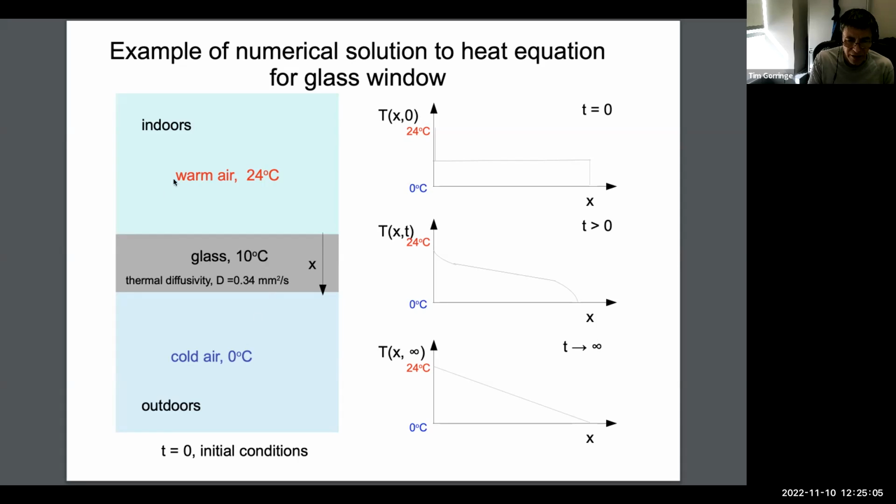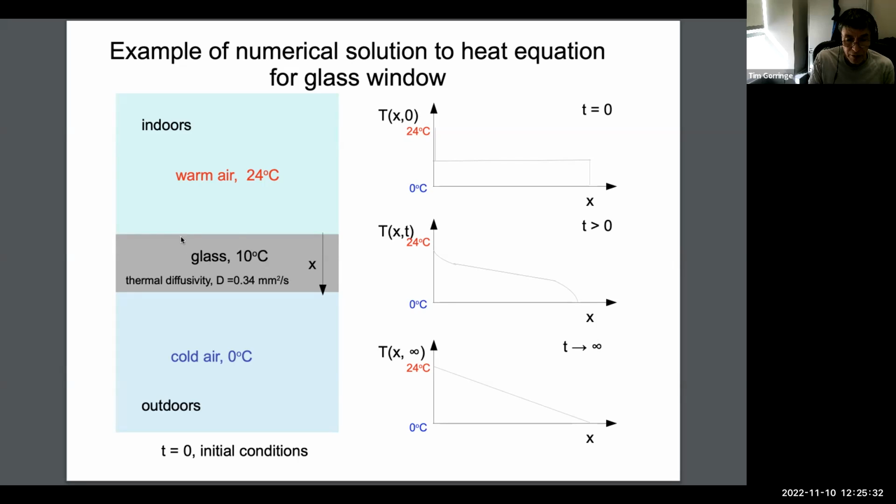Now I've arranged that initially the glass was at 10 degrees Celsius, the indoor temperature was 24 degrees Celsius, and the outdoor temperature is 0 degrees Celsius. We're going to imagine that the indoor temperature doesn't change. We're going to imagine that the outdoor temperature doesn't change, but rather this 10-degree uniform temperature of the glass will change with time.